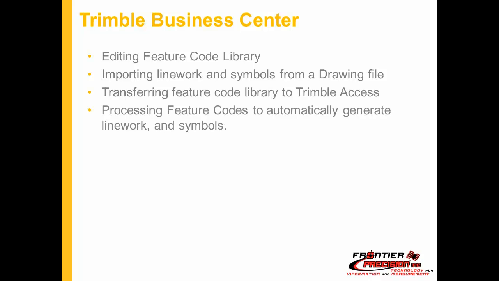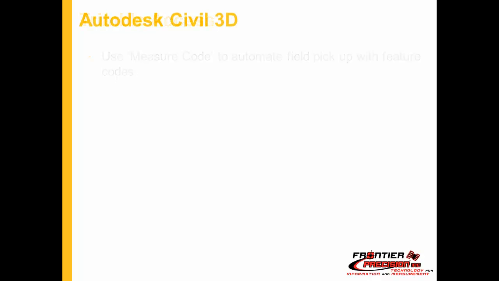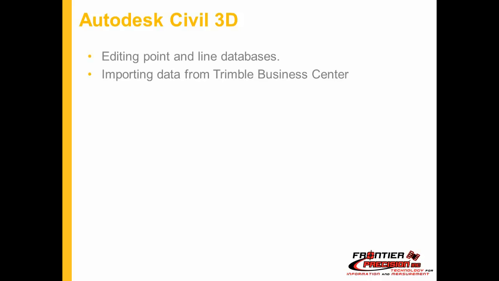We'll process feature codes to automatically generate line work and symbols, exporting data to Autodesk Civil 3D. In Trimble Access, we will demonstrate measure codes to automate field pickup with feature codes. In Autodesk Civil 3D, we'll edit point and line databases, importing data from Trimble Business Center and processing point and line work.